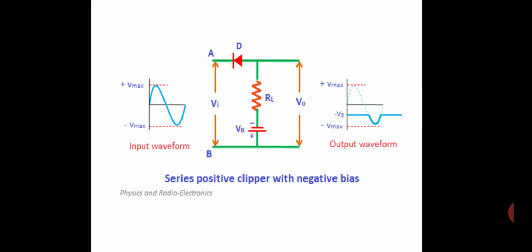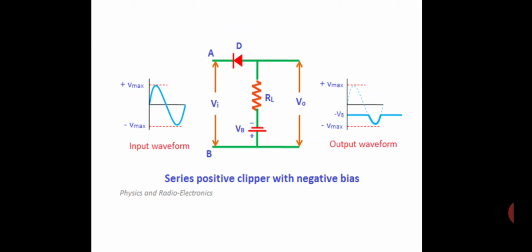In this series positive clipper, only negative output is received at the output. The battery is in opposite with the diode, so it is called negative bias. The diode is in series, so it is called positive series clipper, and positive input is eliminated. It is called series positive clipper with negative bias.